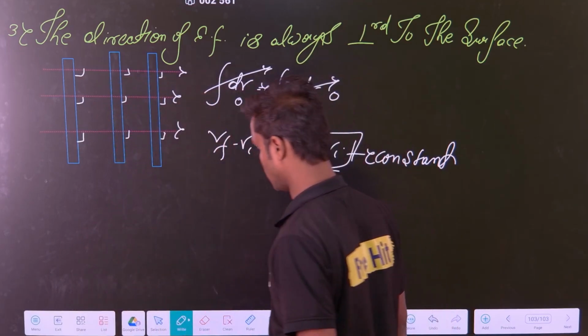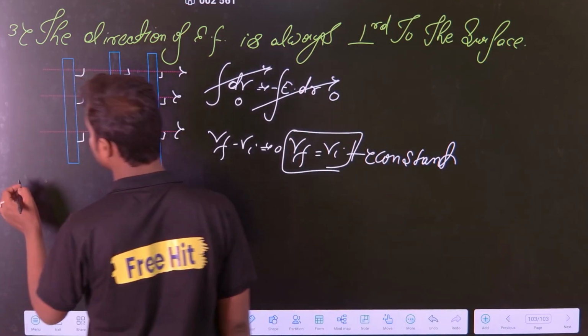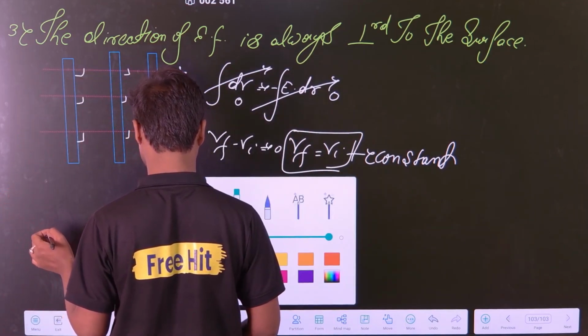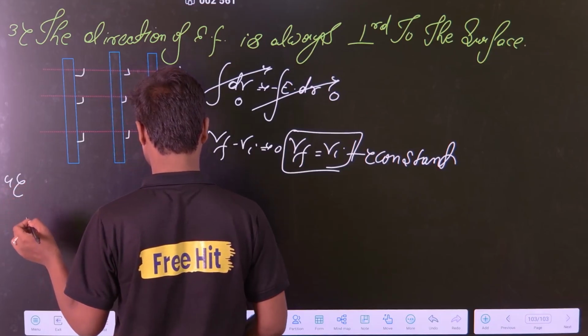Any doubt here? Okay. Next property we have. What is the next property?